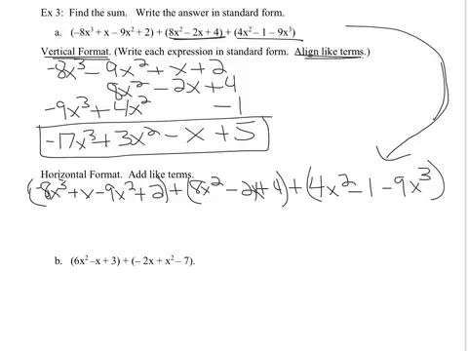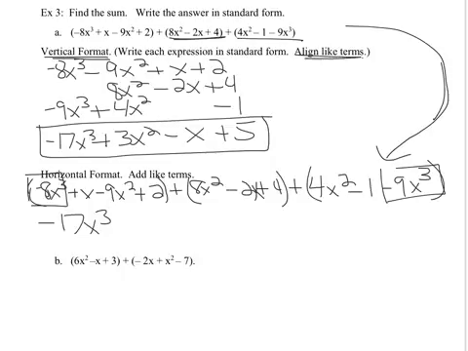But horizontal format, what I like to do is go from highest degree down to your constants. So I like to pick out my highest degree in all these polynomials, which is 3, so I take negative 8x cubed and negative 9x cubed, and I get negative 17x cubed.